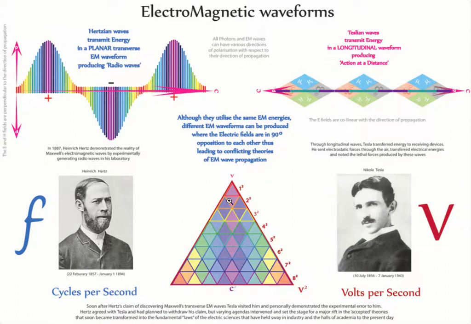In the case of FM modulation, we maintain the frequency of the EM waves, and we vary the number of waves per second. Tesla was packing energy into these waves, into these charged geometries. So we have the same geometry, but he was increasing the number of quanta per second, or per charge geometry, the voltage.